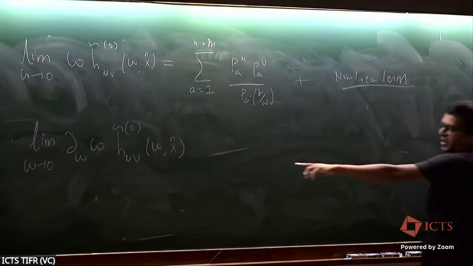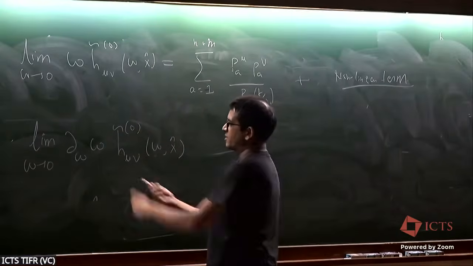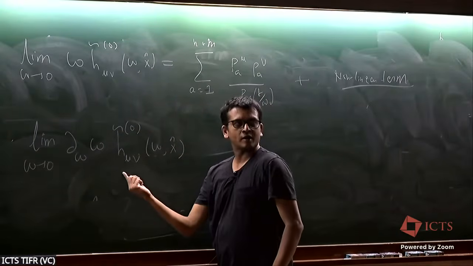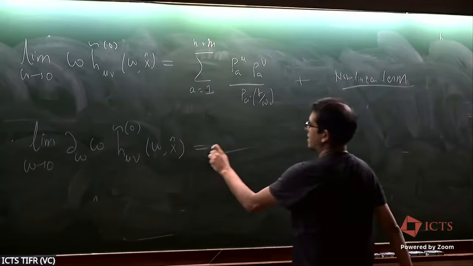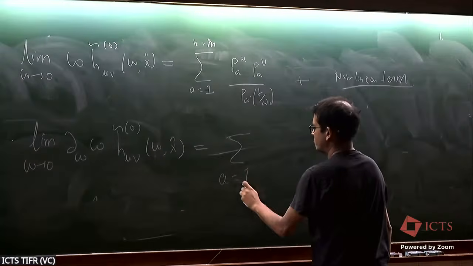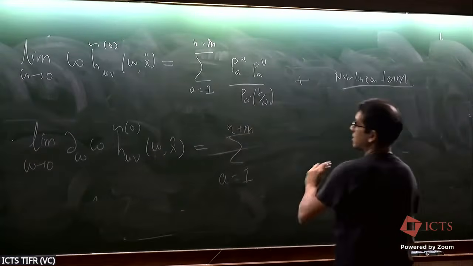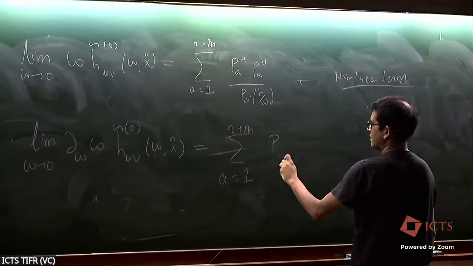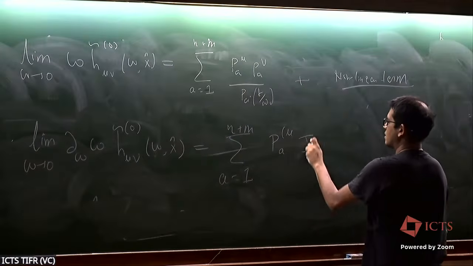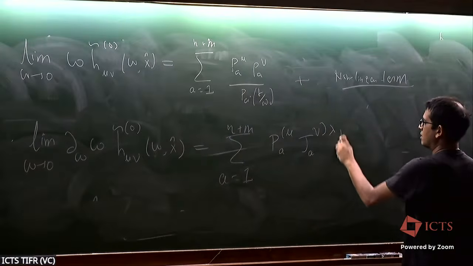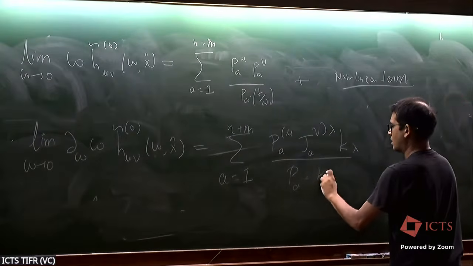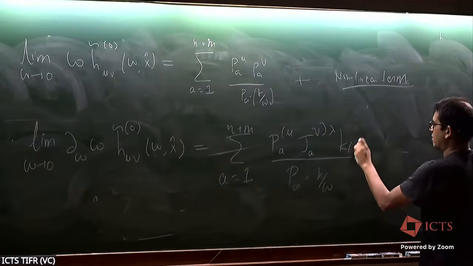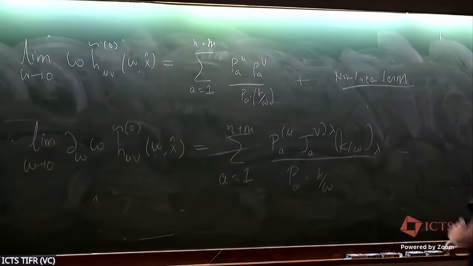And if you do this limit instead of this limit, then of course you can imagine the 1 by omega term drops out, but the omega to the 0 term survives, and that will give us exactly the remaining thing that we wrote earlier. Okay, is this clear? Plus the nonlinear term.